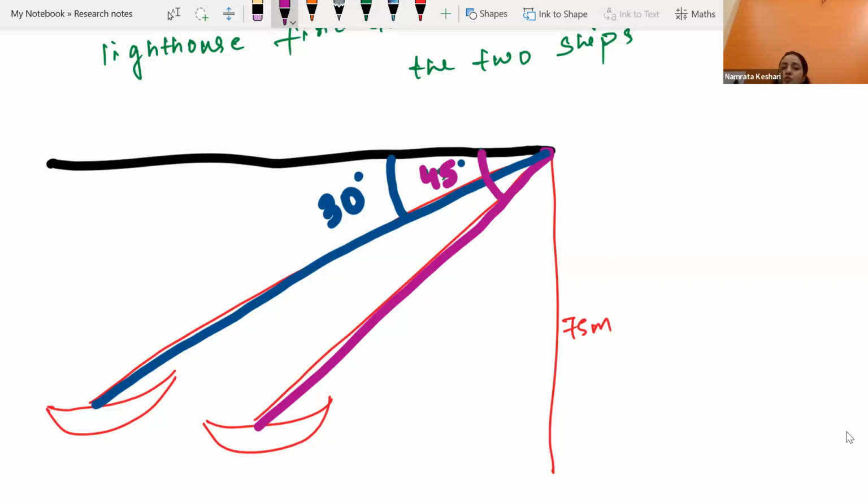So we are just drawing two ships over here, one behind the other, and we are marking the angle of depression. By using the logic, the bigger angle of course will be 45 degrees and the smaller angle will be 30 degrees. Is it clear so far? And of course, the angle will be with the horizontal line through the top of the lighthouse only. Yes or no? Yes, ma'am.